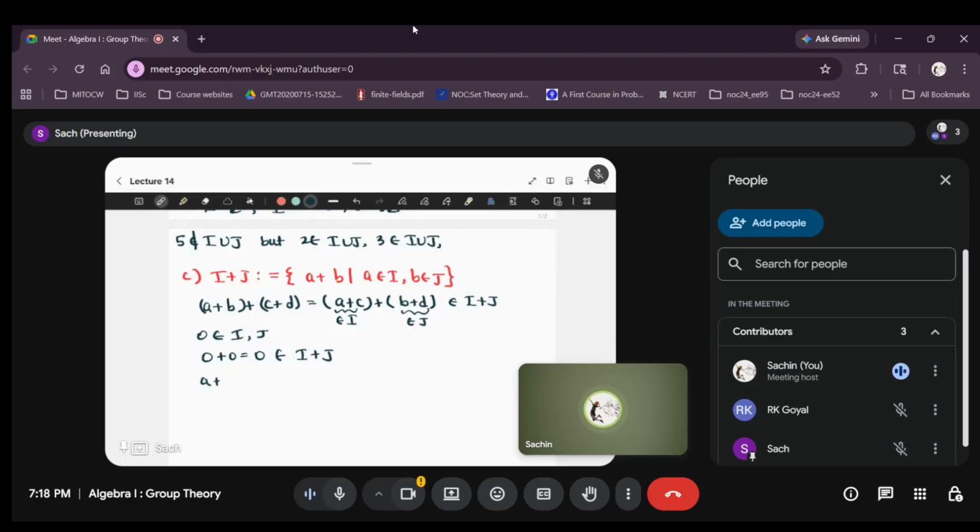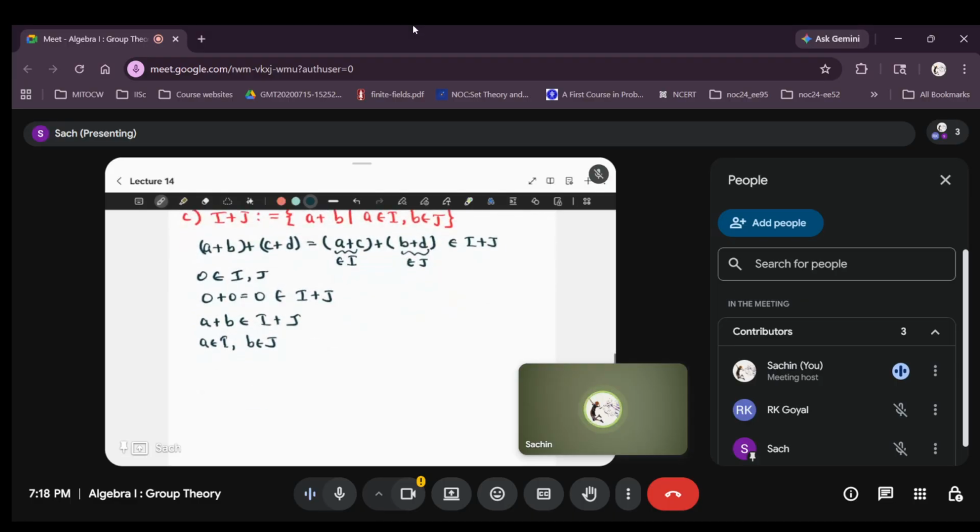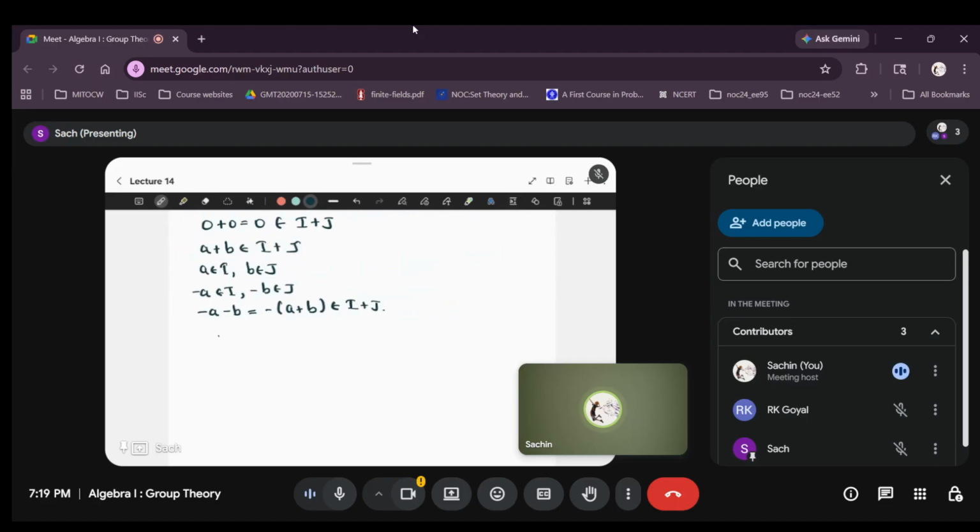If A plus B belongs to I plus J, then A belongs to I, B belongs to J. I and J are additive subgroups, so minus A belongs to I, minus B belongs to J. So minus A minus B, which is equal to minus of A plus B, belongs to I plus J. So we have the additive inverse. Therefore, I plus J is a subgroup of R under addition.